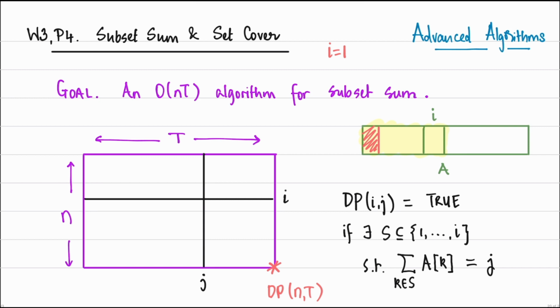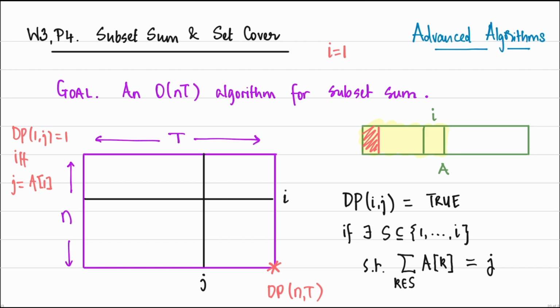And of course, you could also achieve a target of 0 if you have that in your dp table, but I think we can always start with t being at least 1, j being at least 1 and going all the way up to t. So the base case will basically say that dp of 1, j is 1 if and only if j equals a of 1.